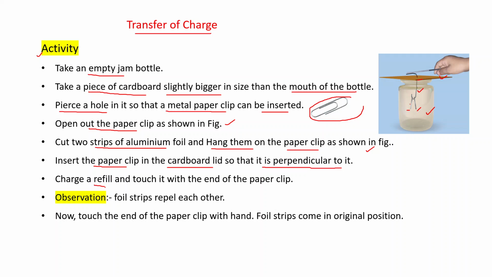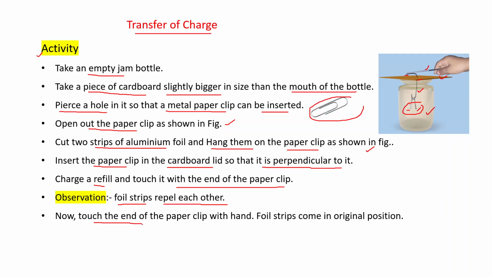Charge a refill and touch it with the end of the paper clip. This is charged refill and we are trying to touch with this paper clip end which is outside this bottle, and observe what you will see. You will observe that aluminum foil strips repel each other. These strips will repel each other. Okay.